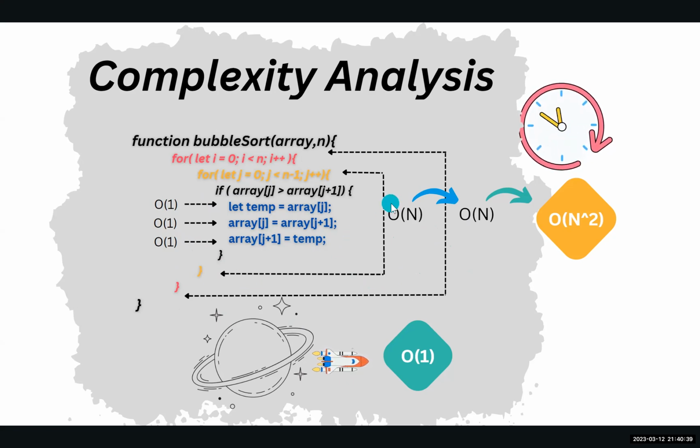So at the last, due to using two loops and performing the same operation on a particular element multiple times, that gives us the time complexity as O of n square.